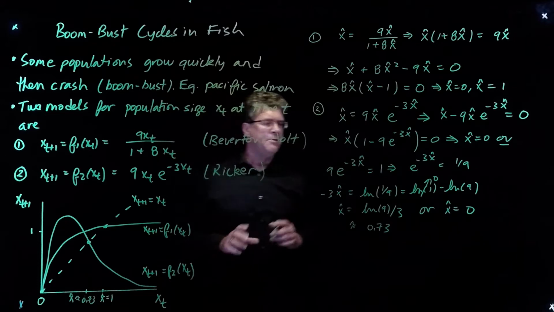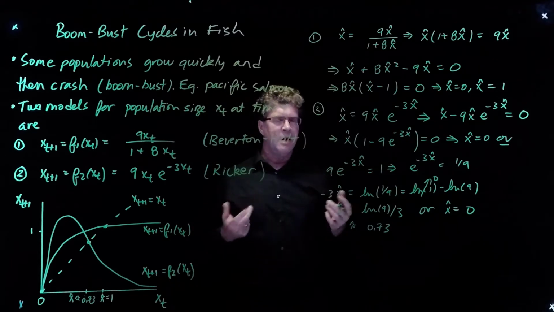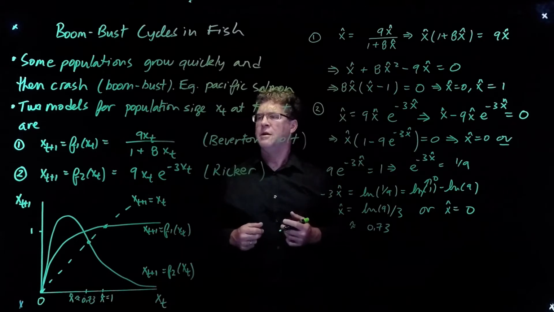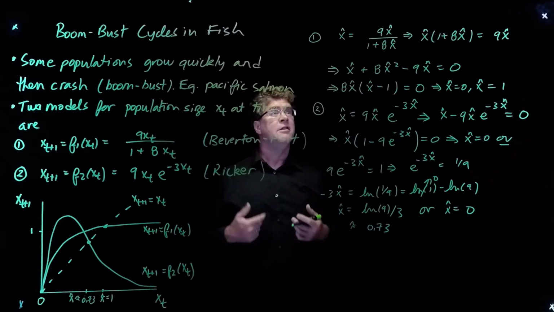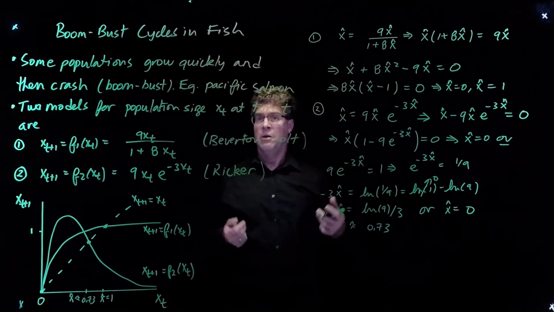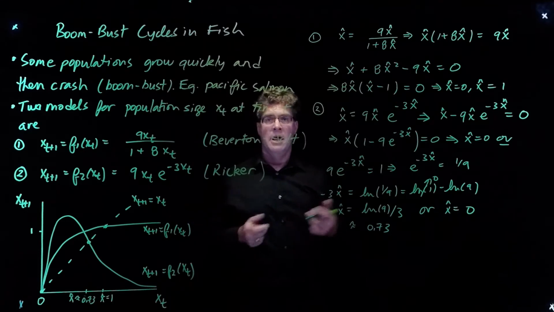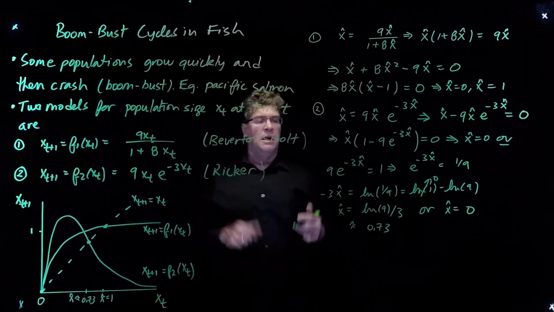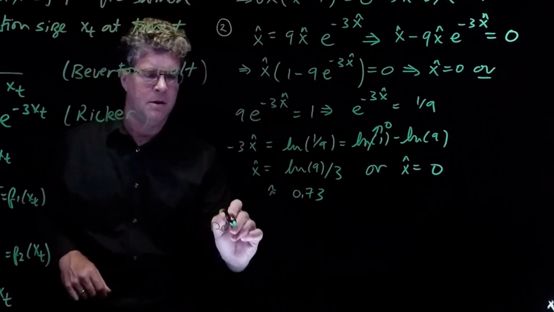Okay, so this is the first step, calculating the equilibria. The second step is to take the derivative of each of the two functions and then use these to calculate the stability using the stability conditions. To start with, I'm just going to write down the derivatives for f1 and f2, and I suggest that you check these.